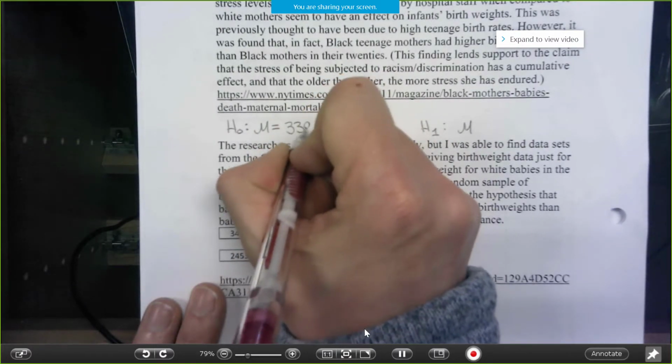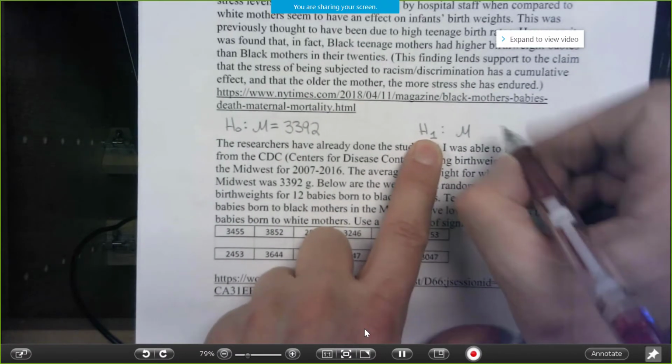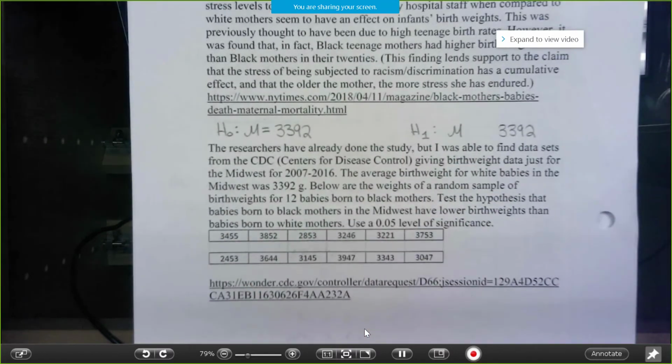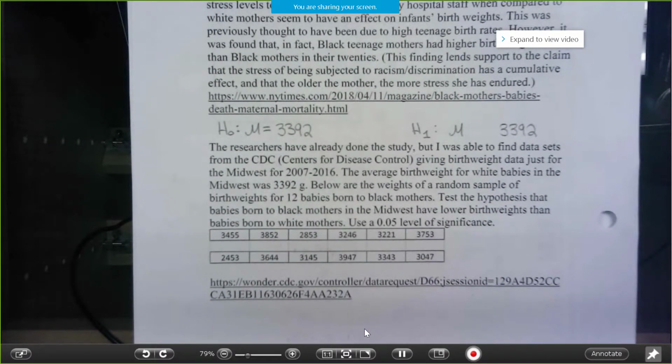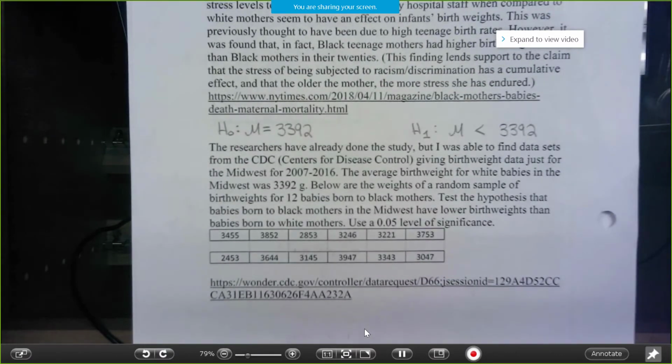We're going to assume that it should be no different for Black mothers than for white mothers. And so the alternative also has to have 3392 in there. What symbol would go in between? Less than. So if we were doing this before, is this a left-tailed test, right-tailed test, or two-tailed test? Left-tailed test.